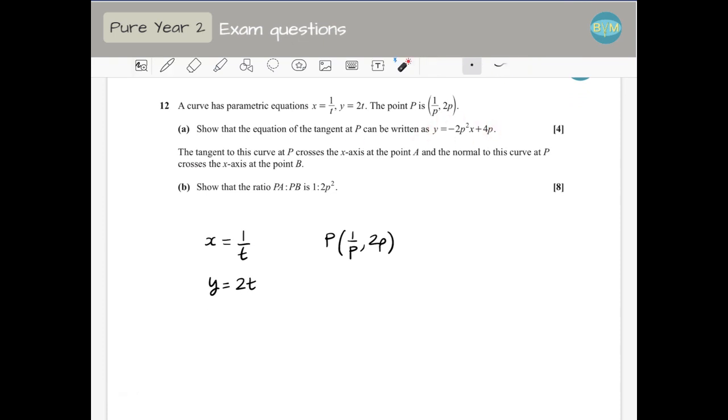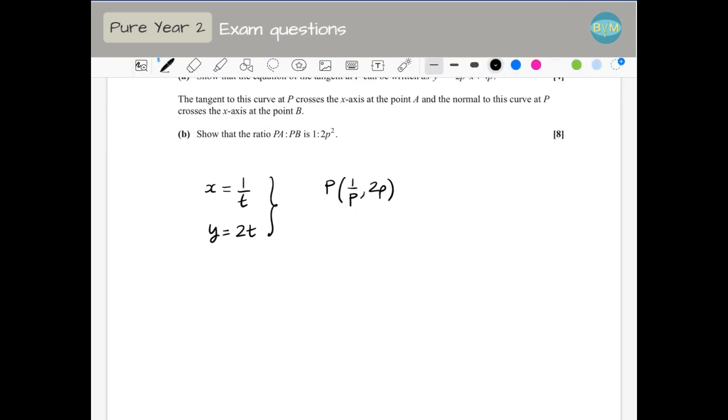The equation of the tangent at P. So we need the gradient and the point. The point is this one, so we are going to find the gradient at this point. To find the gradient, we are going to differentiate. And to differentiate, when we have parametric equations, we can differentiate with respect to the parameter, both of them.